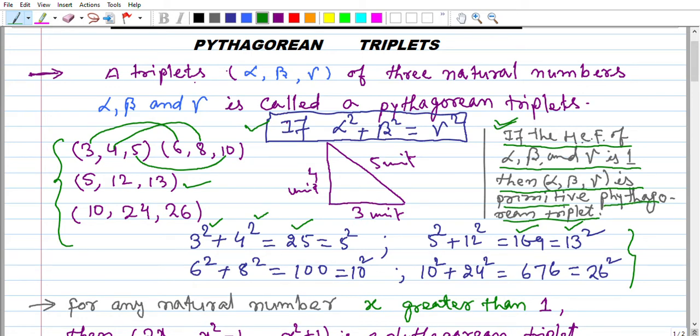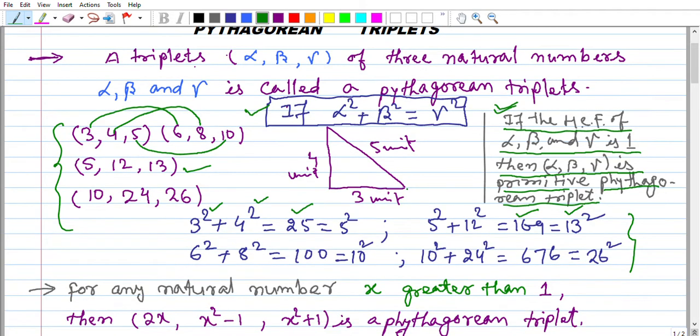Primitive means three natural numbers whose HCF is 1. I have written this one in the below section. Later we will discuss this one. I hope that all of you understand this one.